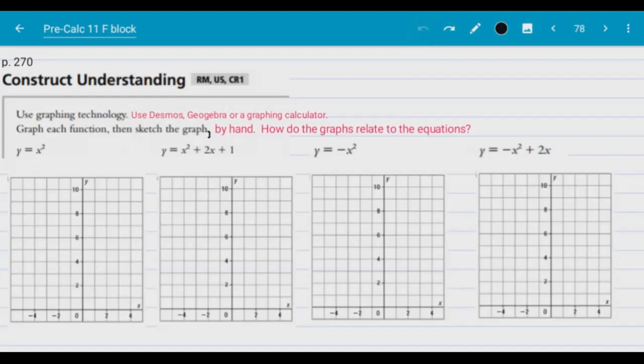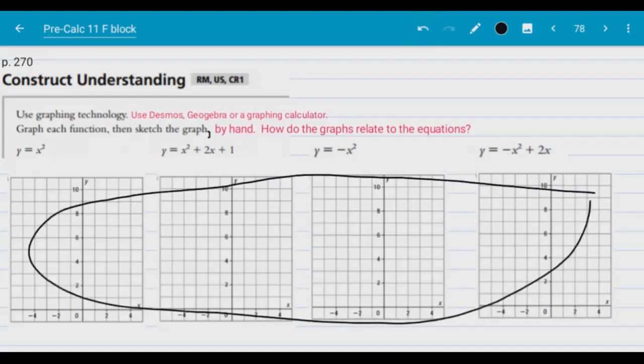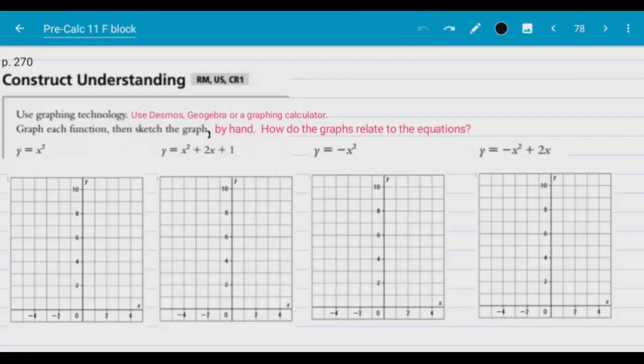So at least you have graphing technology to help you out. All you have to do is copy the graph that you see using technology onto these grids. There's also a question: how do the graphs relate to the equations?